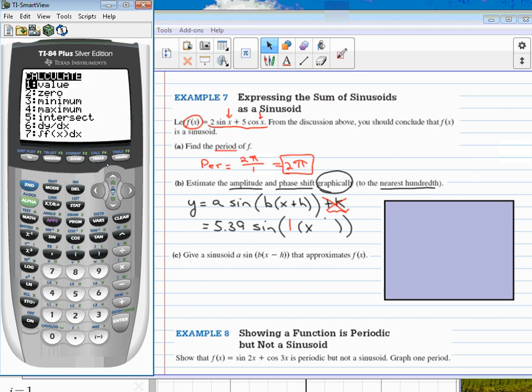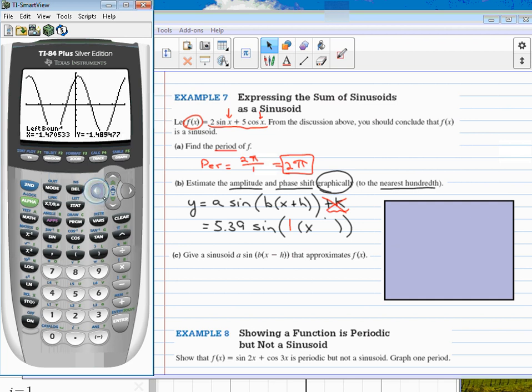So I'm going to calculate the 0, choice number 2. Left bound to my 0. I got a ways over there, didn't I? My right bound. I think it's somewhere in between. It is negative 1.19. Well, if I am going to slide it to the left, what will I need to do with this h?